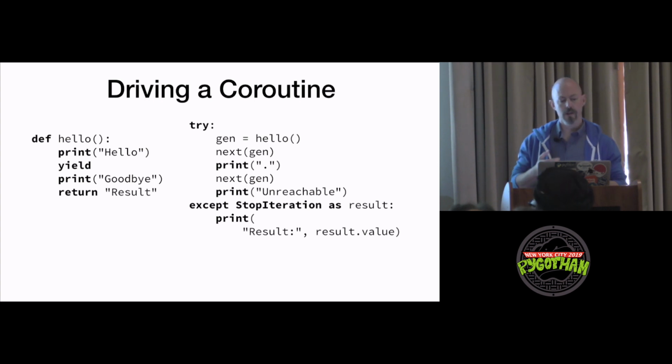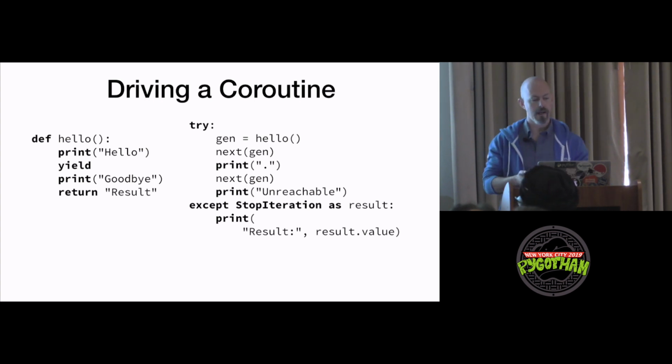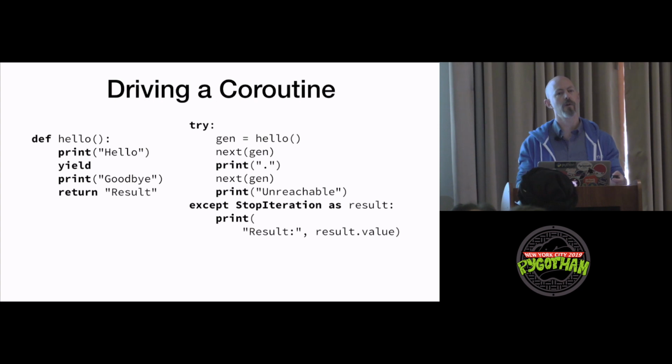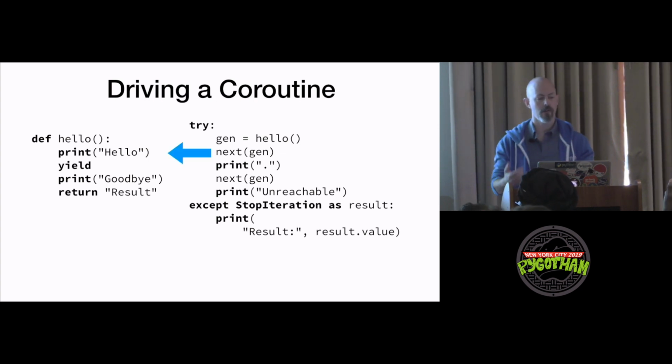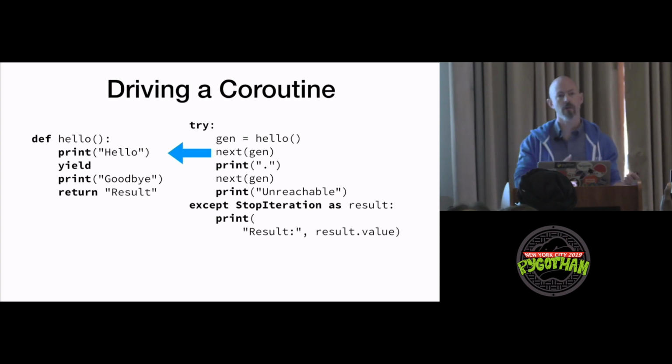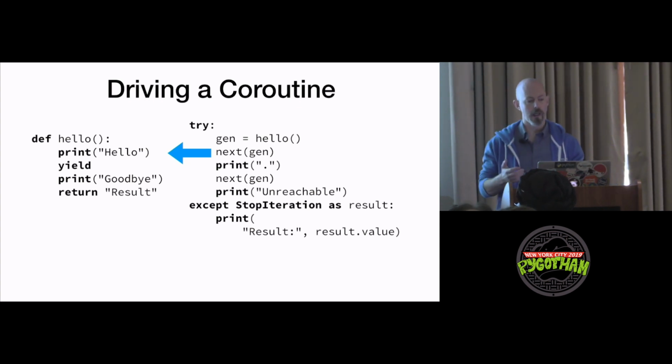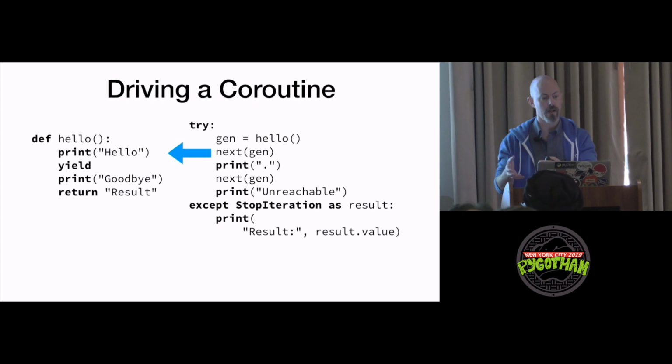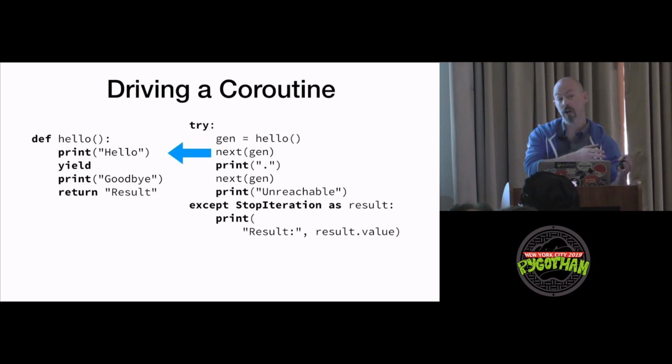So when you execute this hello coroutine, it doesn't actually do anything until you hit that first next. As you start iterating through the coroutine, it starts passing control back and forth between the calling code on the right, the code that's running the coroutine, and the actual coroutine on the left.